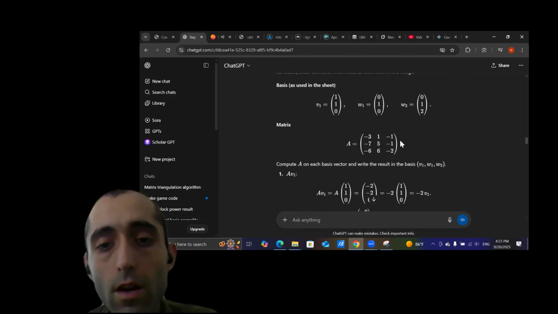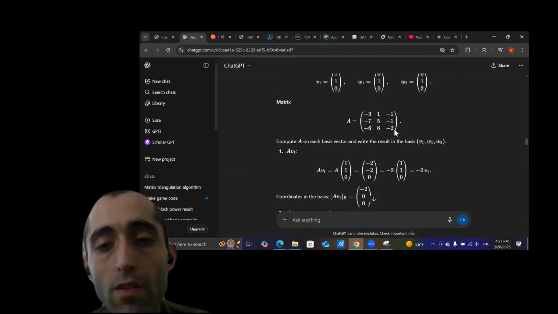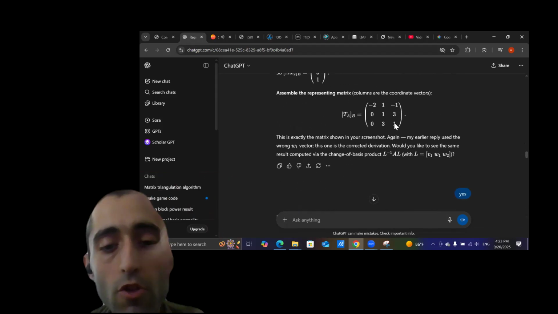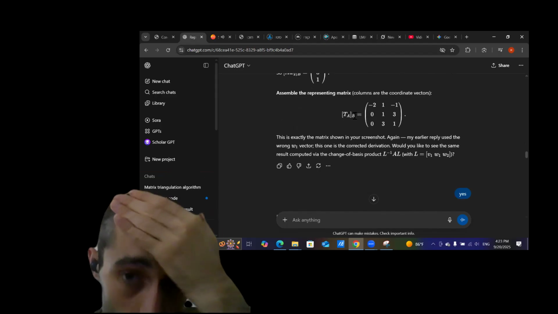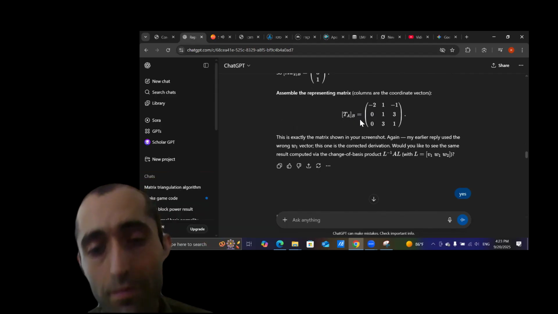So you saw how we did it. I took each vector, multiplied by the matrix, and found the coefficients of the base that give you this result. This is for each column, for each vector of the base, and we got this matrix built from these columns that represents the matrix in the new base.